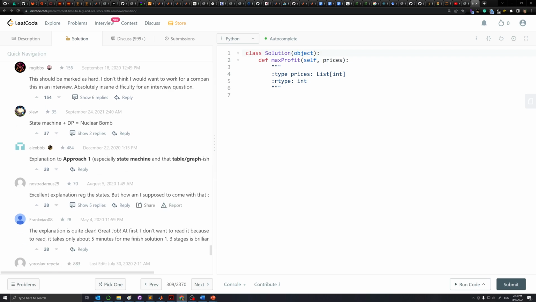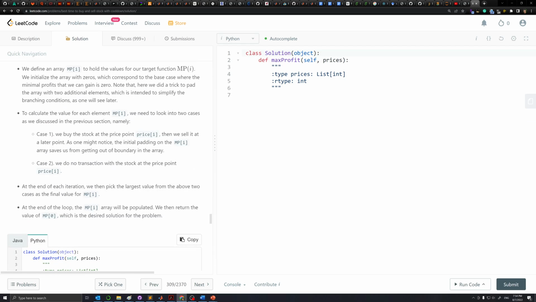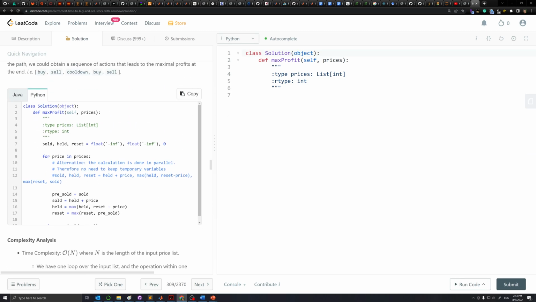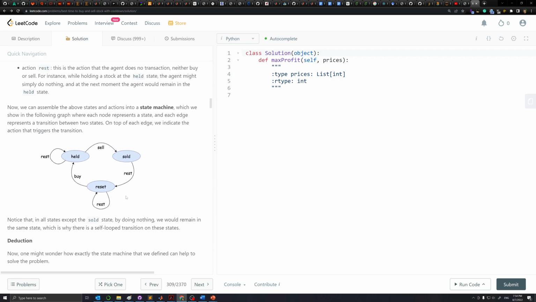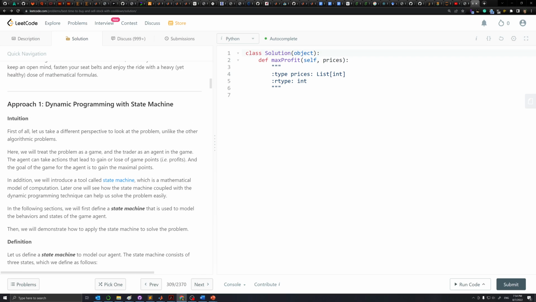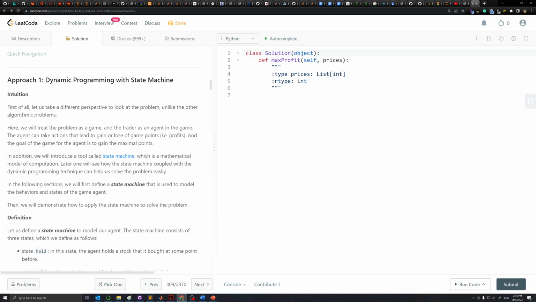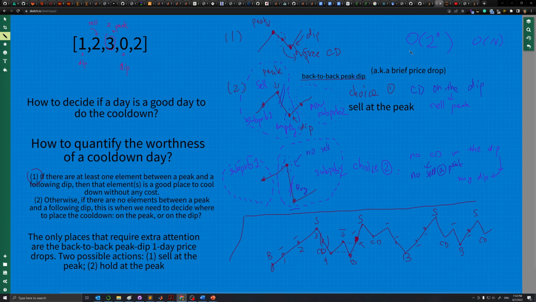So I think what we're going to do when we come at this again is really study this dynamic programming formulation plus state machine. State machine is basically a transformation of perspective of this problem. We were also trying to transform our problem into a different perspective by trying to break the chain, splitting the problem at those back-to-back peak dip drops.